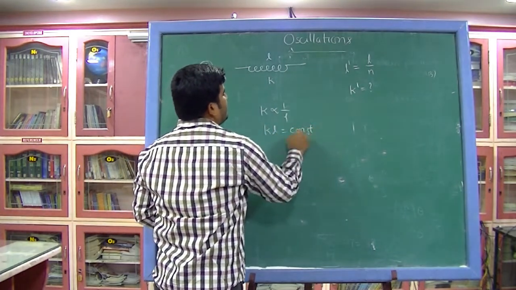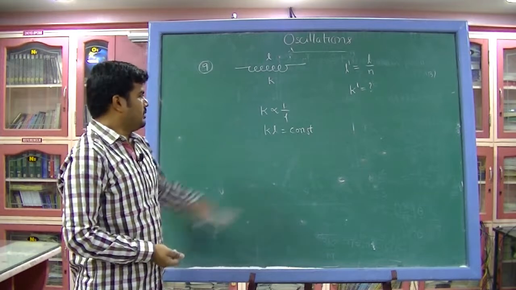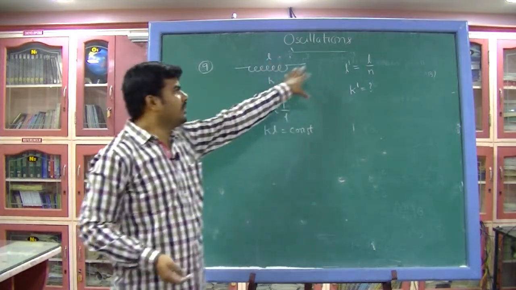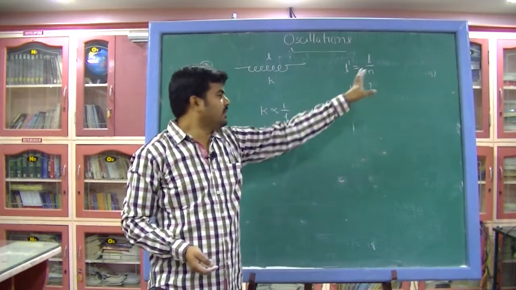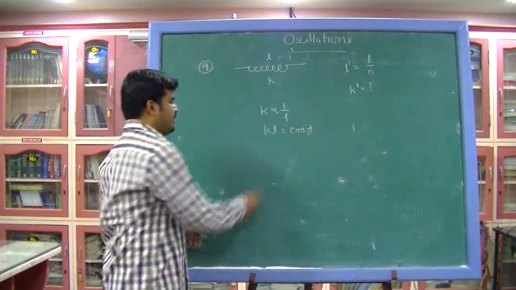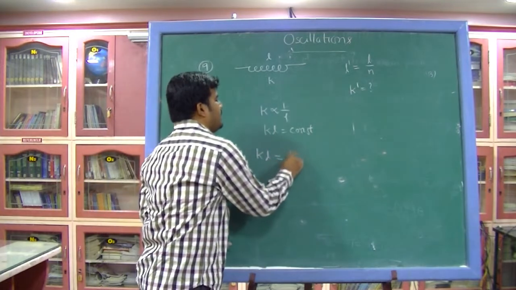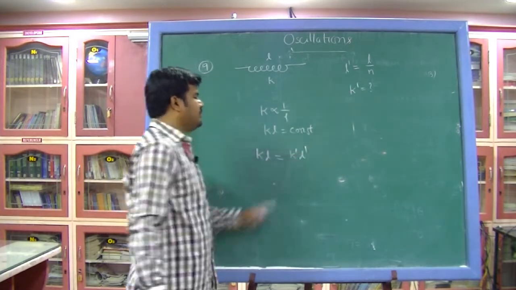I can make use of this particular idea here. For both the original spring and the spring obtained after cutting, I can use this equation. So, K into L must be equal to K dash into L dash, which must be equal to constant.